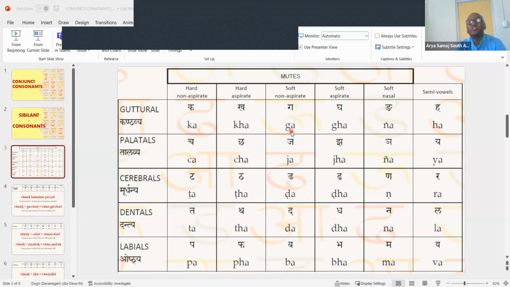And for each of these categories, in this case, the K group or the guttural, there is a nasal, which is a soft sound again, and it is Anga. Now, why we have it in that category is if I have to write Panka, like in Pankaj, the next slides will demonstrate that to you.